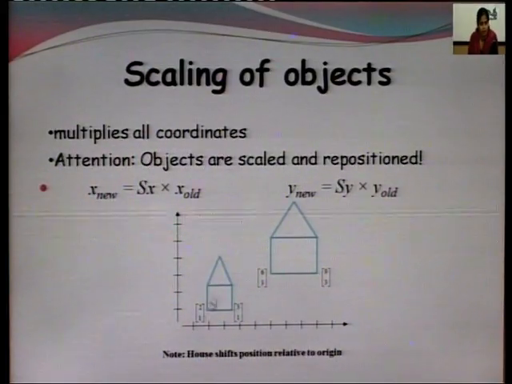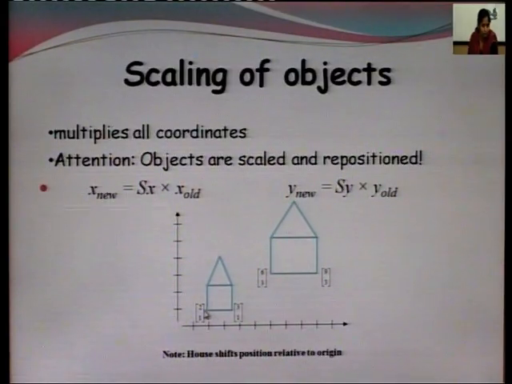So, any object can be scaled simply by multiplying the individual coordinates of the object by the scaling factors. These scaling factors represent the transformation equation.